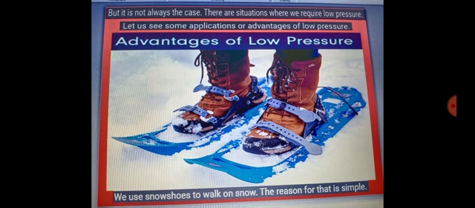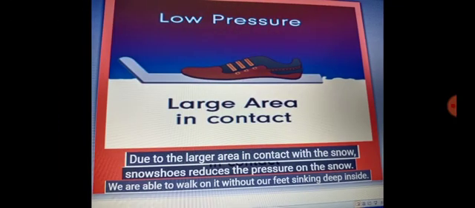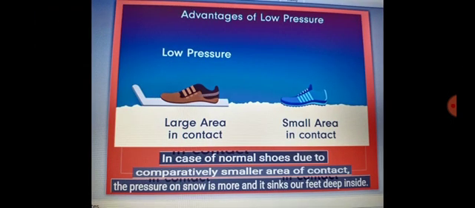You can see here the snowshoe with a flat sole. Large area in contact, so it lowers the pressure. Due to the large area in contact with the snow, snowshoes reduce the pressure on the snow. We are able to walk on it without our feet sinking deep inside.